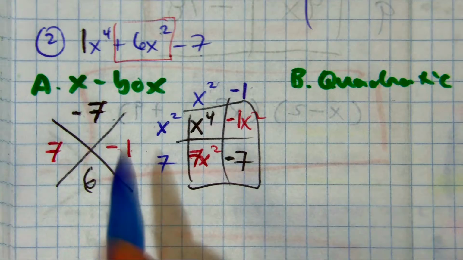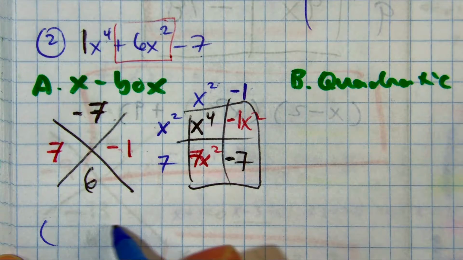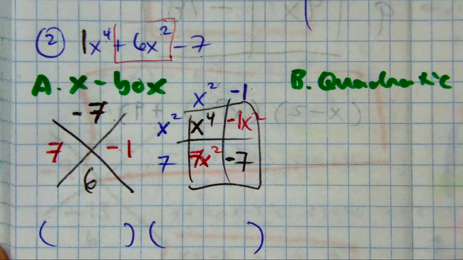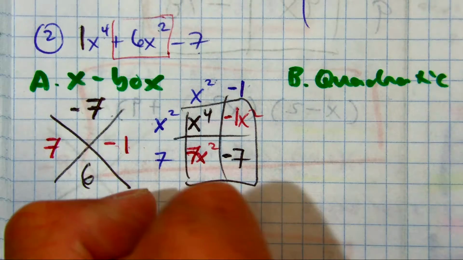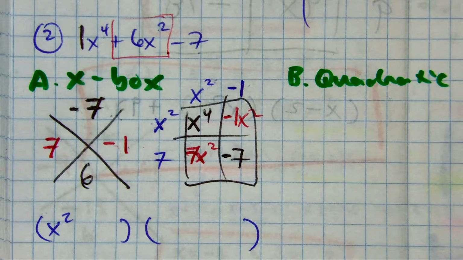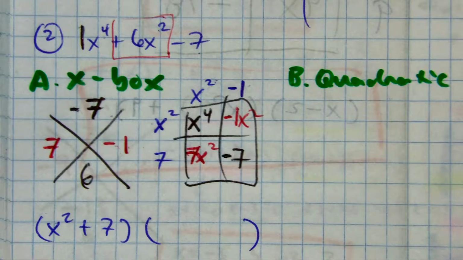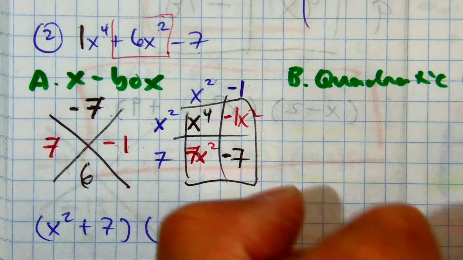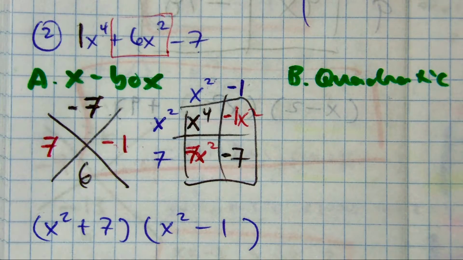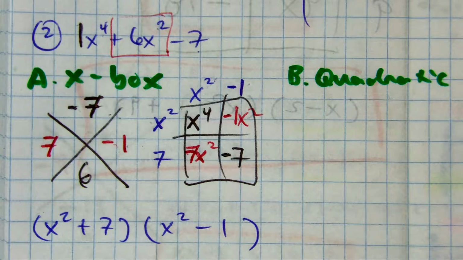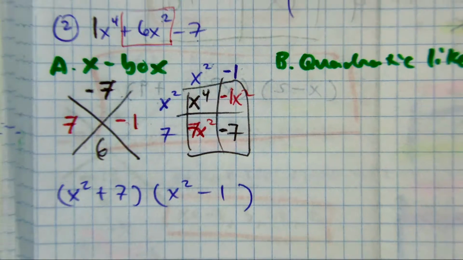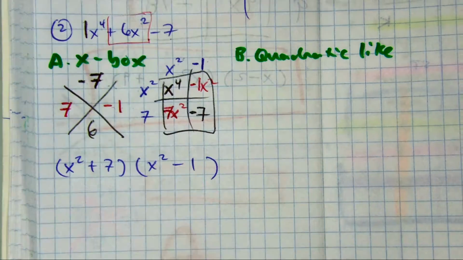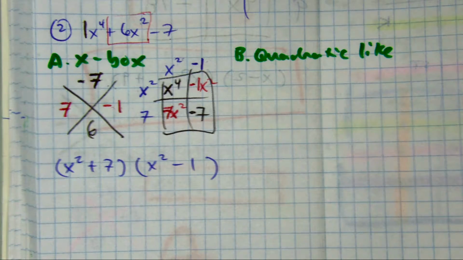When I look at my answers, Alexis, what would I write as my binomials? Partner A, tell partner B why we're not done. Class, yes or no?